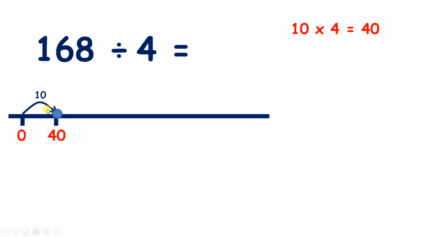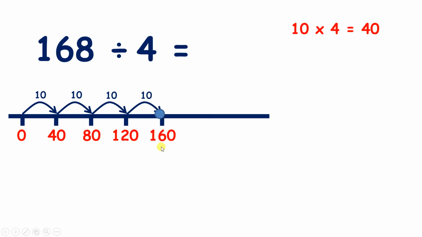So 10 fours take us to 40, another 10 fours gives us 80, then 120, then 160. Now adding another 10 fours would take us to 200, and that would be too many. So let's stop at 160.